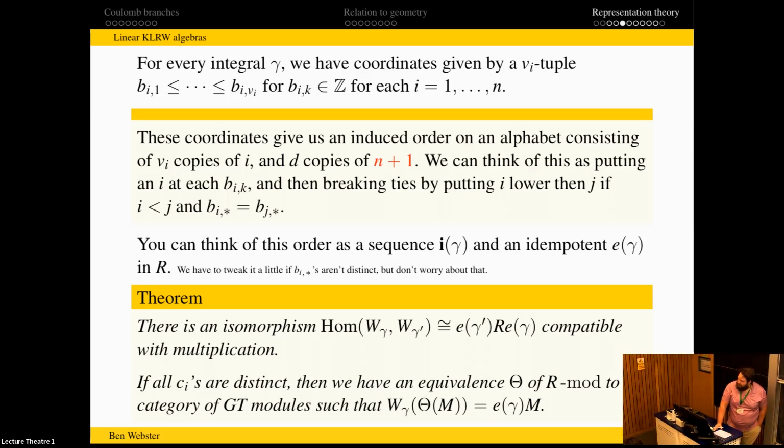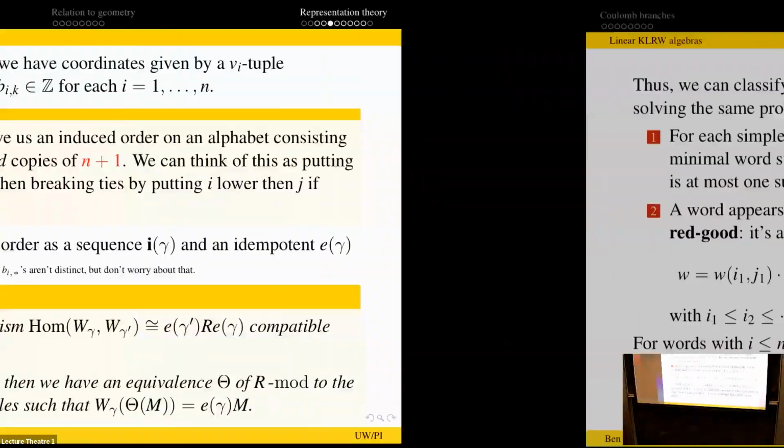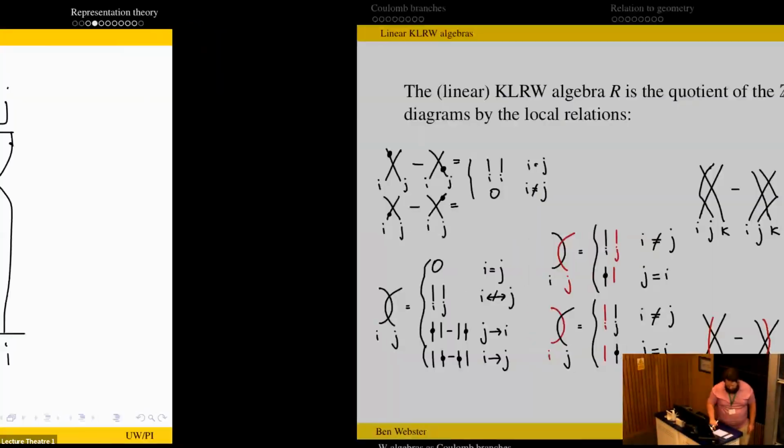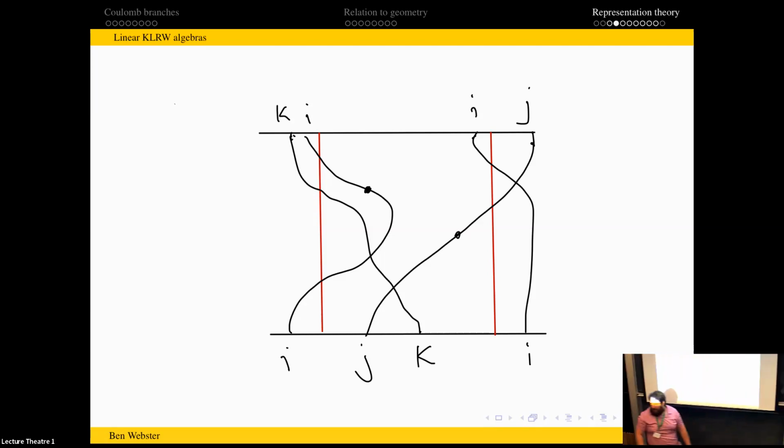If we are interested in the smaller category of the finite dimensional module category, does this R module say obviously some new perspective? Yes. So category O is, I look at this algebra, and I set to 0 all diagrams where there's some horizontal slice where the first thing I encounter coming from the right is black.